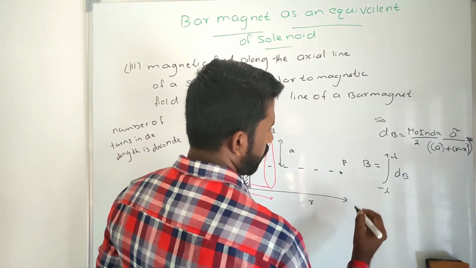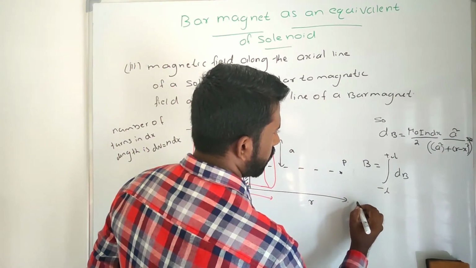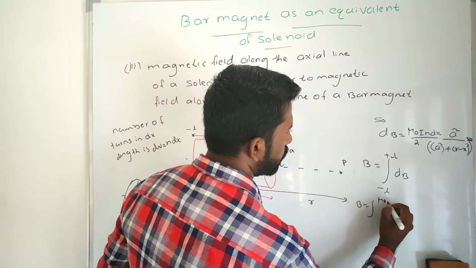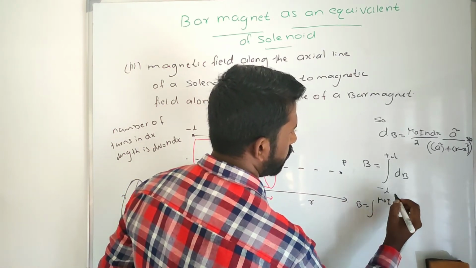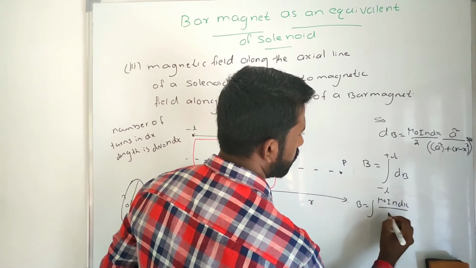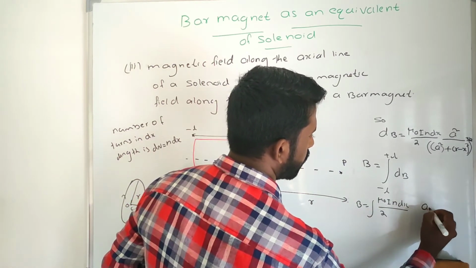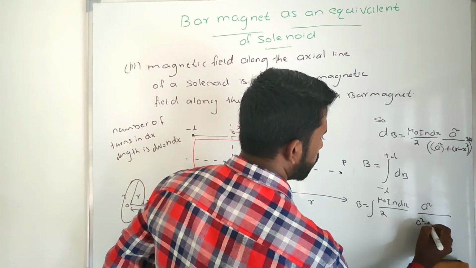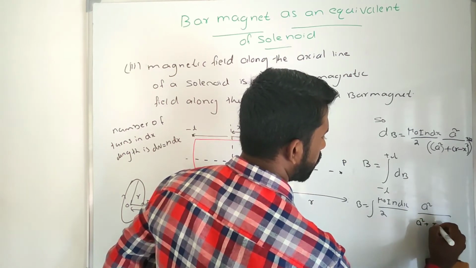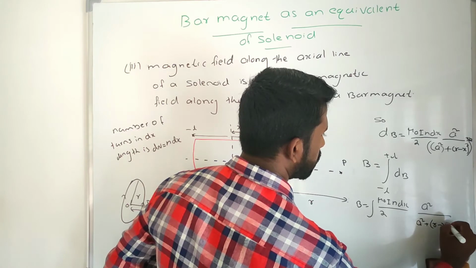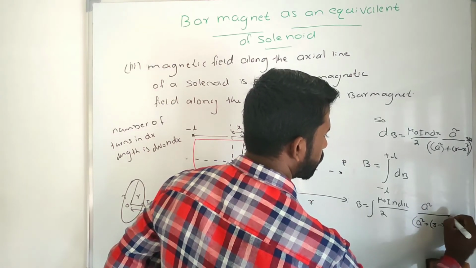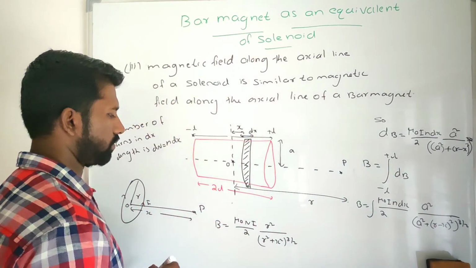Now we can apply the integration, that is, B is equal to the integration of mu 0 I n dx divided by 2 into a square, divided by a square plus r minus x the whole square, all power 3 by 2.